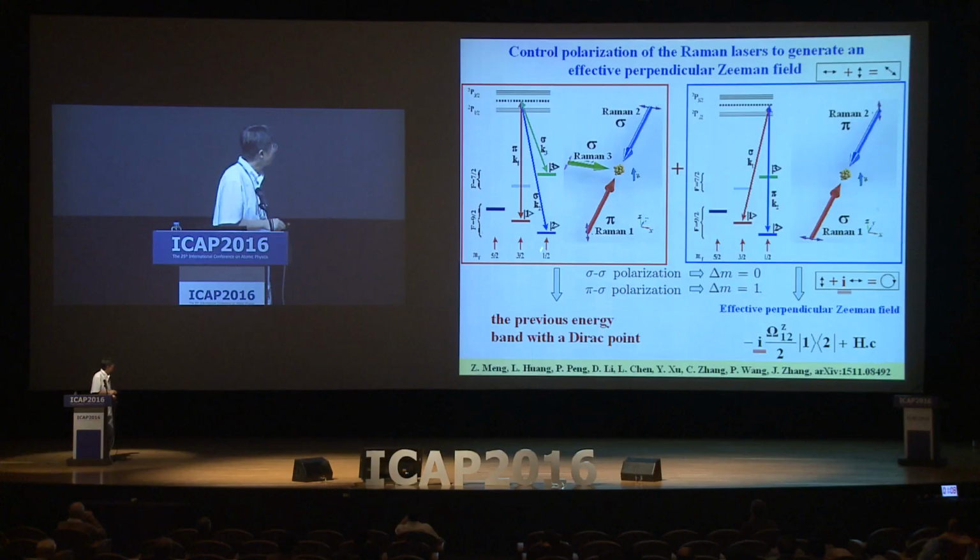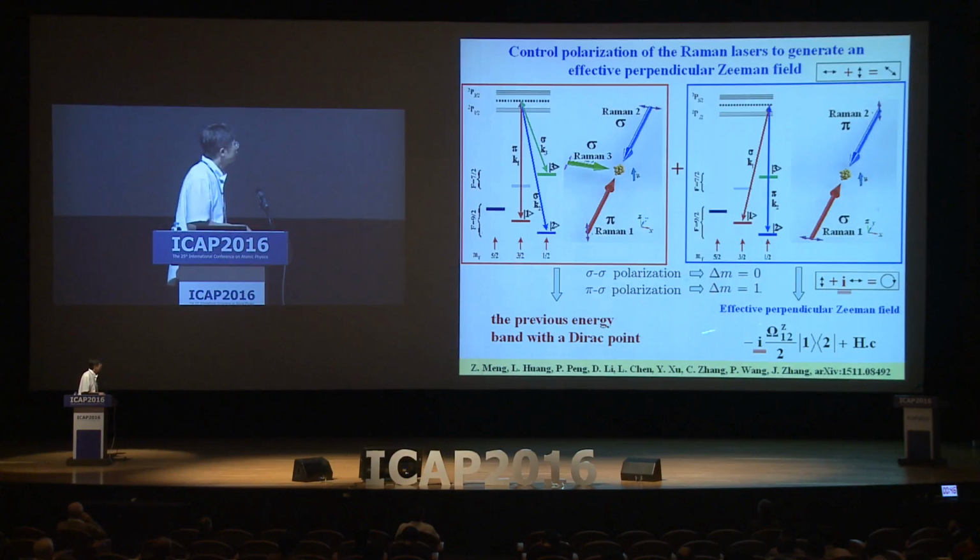Raman coupling depends on these selection rules. Then we add the new polarization: horizontal in Raman 1, and the vertical polarization for Raman 2. Thus, we can generate the actual Raman coupling.